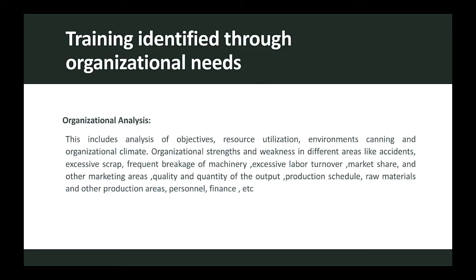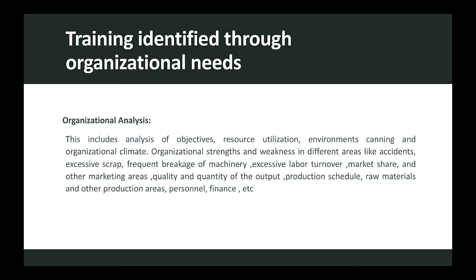Now, if we go to the process to identify the training needs through the organizational need, we'll understand it includes the analysis of the objective, resource utilization, environmental scanning, and other organizational climate, organizational strengths and weaknesses in different areas, in different machineries, labor turnover, market share, marketing areas, production schedule, raw materials.